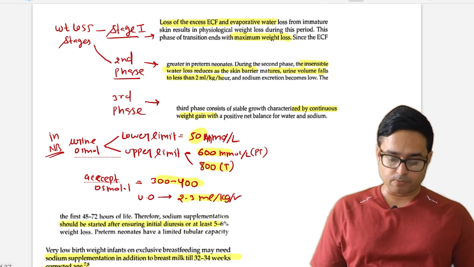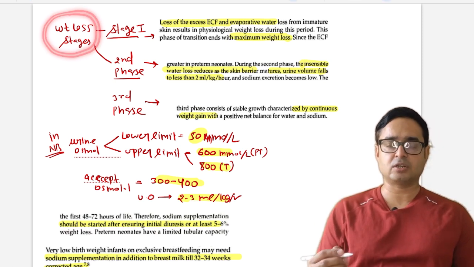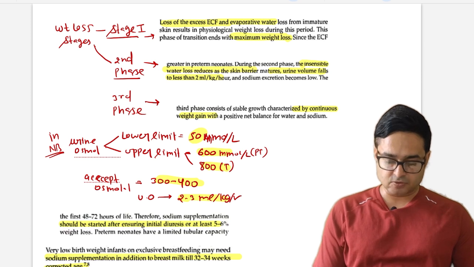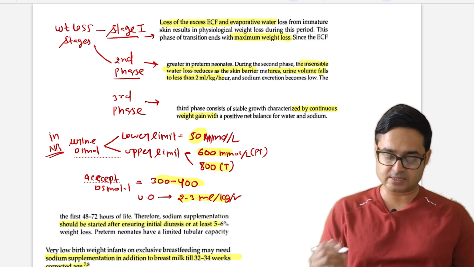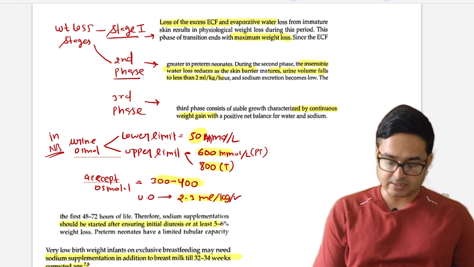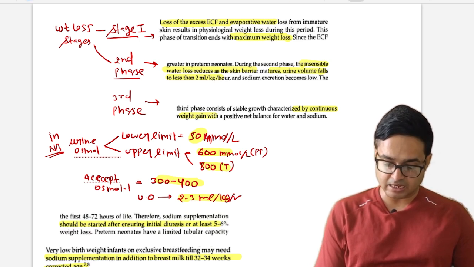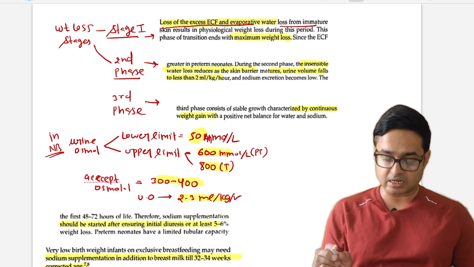Okay, so weight loss stages in a newborn, there are generally three stages: stage 1, stage 2 and stage 3, or we can call them phases. In stage 1 or phase 1, there is loss of excess ECF and evaporative water losses from immature skin, leading to maximum weight loss.